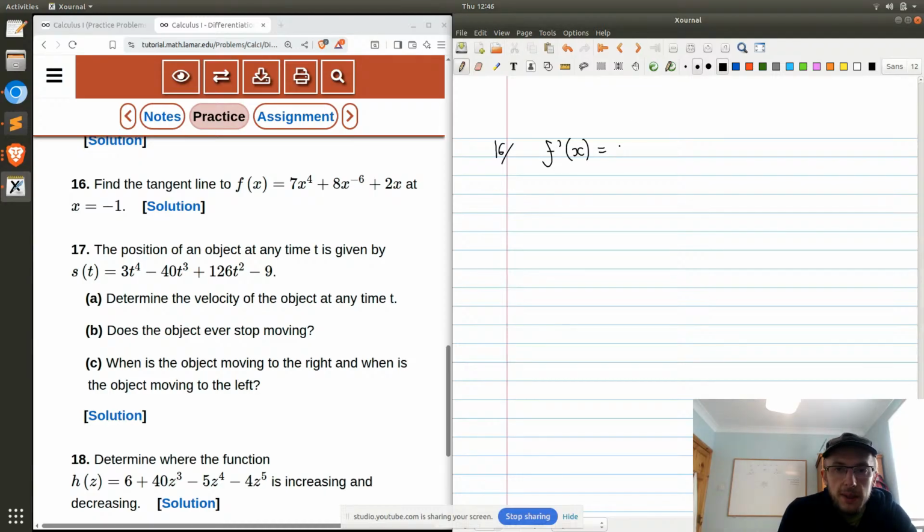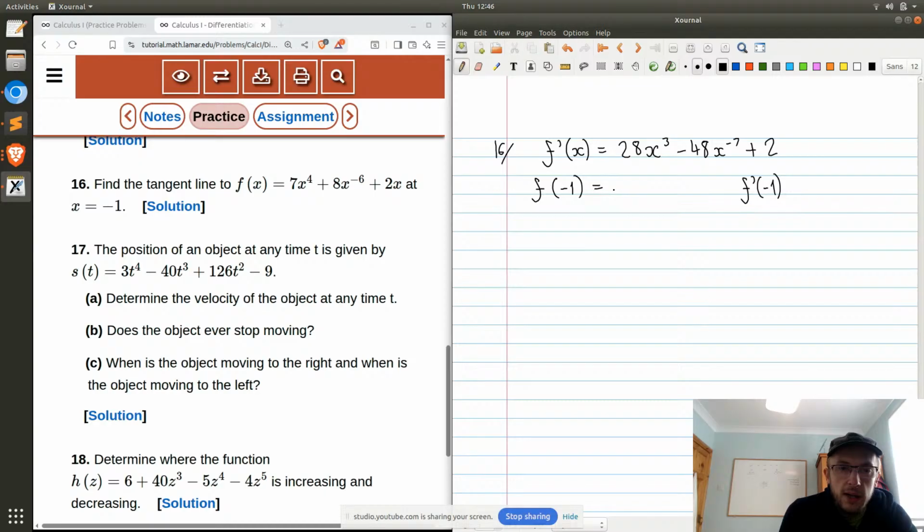So that would be 28x cubed minus 48x to the minus 7 plus 2. Now, first find f of negative 1, and then find f prime of negative 1.